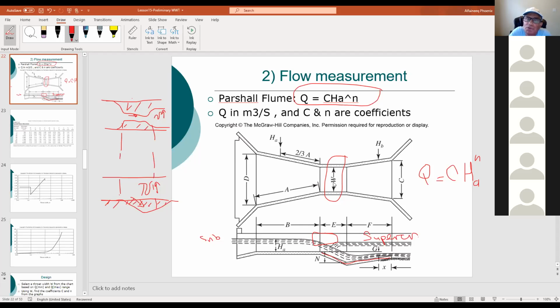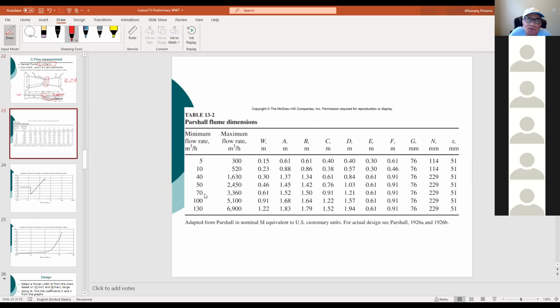So this is the whole idea now. Here they are. This is the throat. And that throat depends on the range between minimum and maximum flow. This is how you choose them.